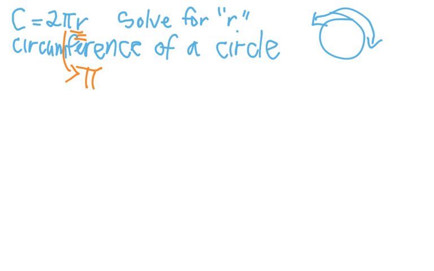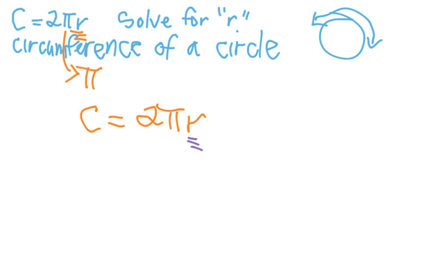So I'm going to rewrite my equation. C is equal to 2 pi r. And remember, I need to get r by itself. So when I have 2 and pi and r, remember they're all together. I don't see a subtraction sign in front of them. I don't see an addition sign. That means I'm multiplying.